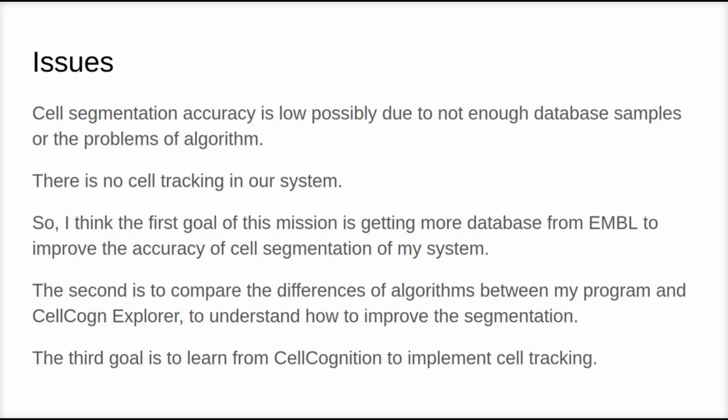The second is to compare the differences in algorithms between my program and the Cellcon Explorer to understand how to improve this segmentation. And as previously mentioned, the third goal is to learn the cell tracking method.